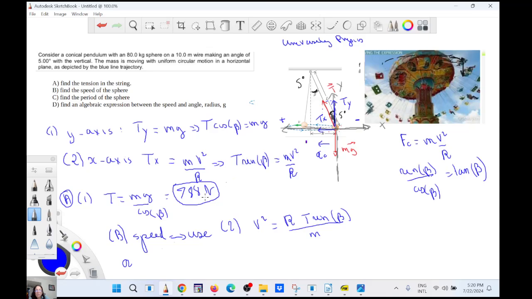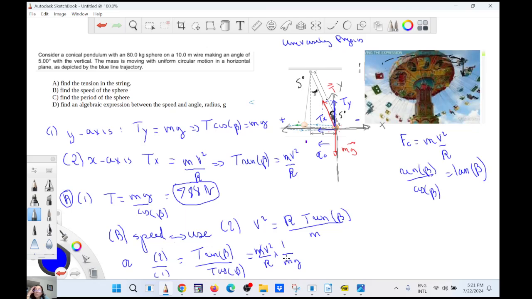We want to do equation 2 over equation 1. So it's going to give us T sine beta over T cosine beta equals mv squared over r, times 1 over mg.